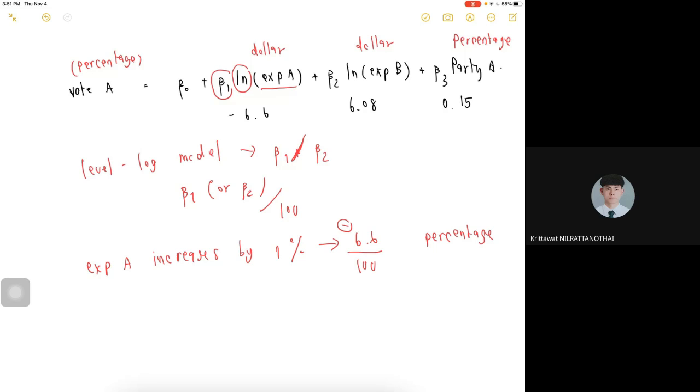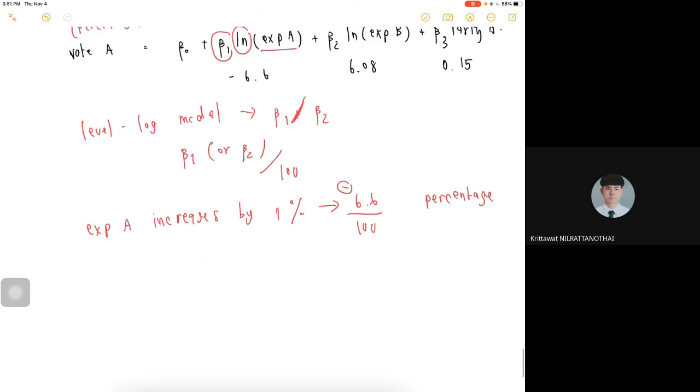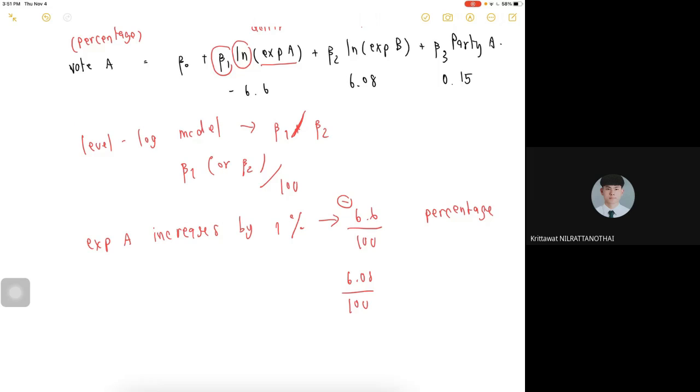Are you confused? Do you have any question about it? It's exactly the same for beta 2. For your beta 2, you still have to divide beta 2 by 100, right? It means that if the expenditure B increases by 1%, your vote A will increase.